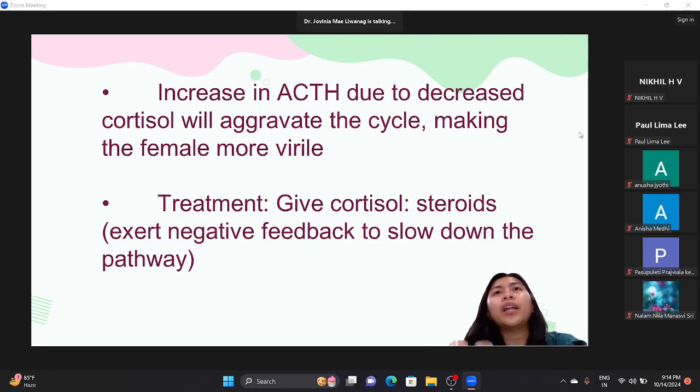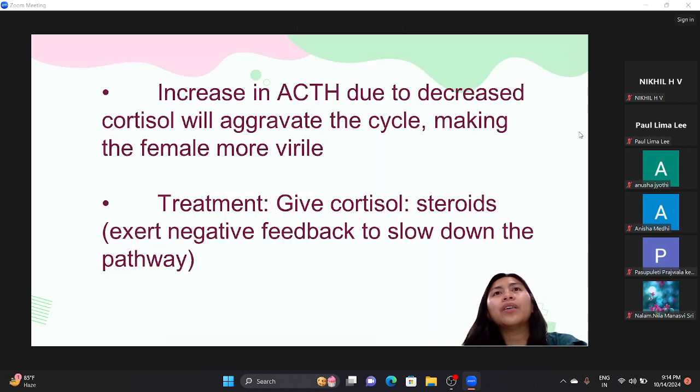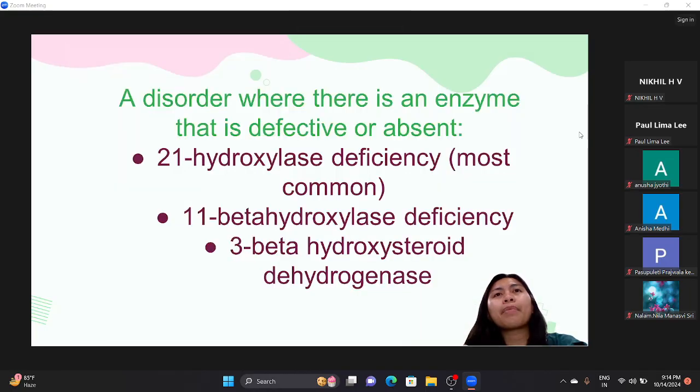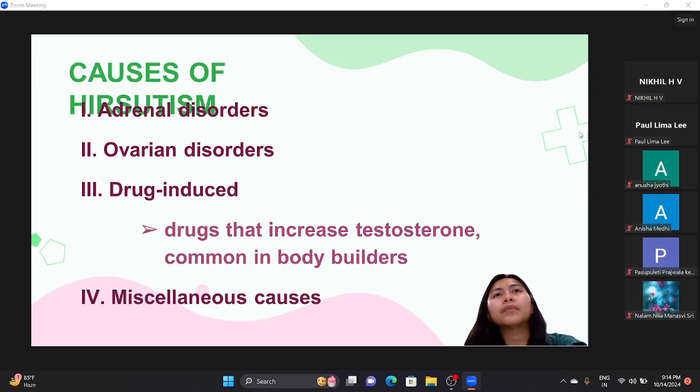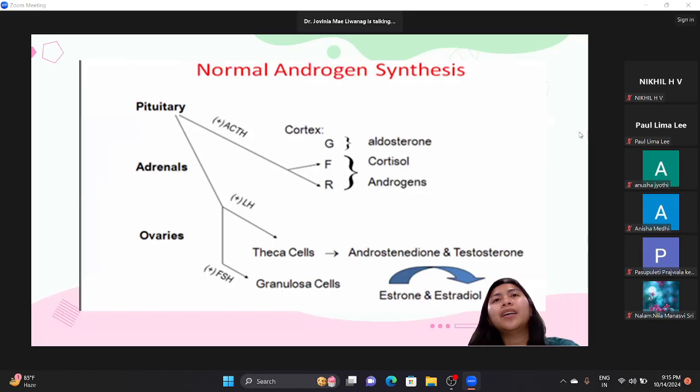So let's go back so that you can imagine. ACTH is from the pituitary gland, basic biochem. If there's a decrease in cortisol, this will signal a negative feedback to the pituitary to increase ACTH production.